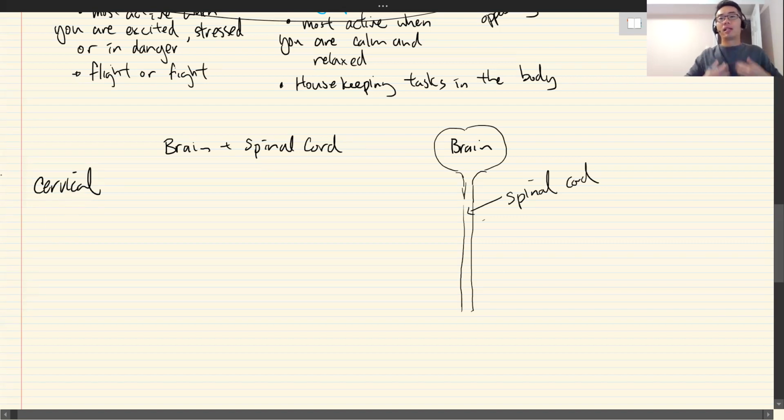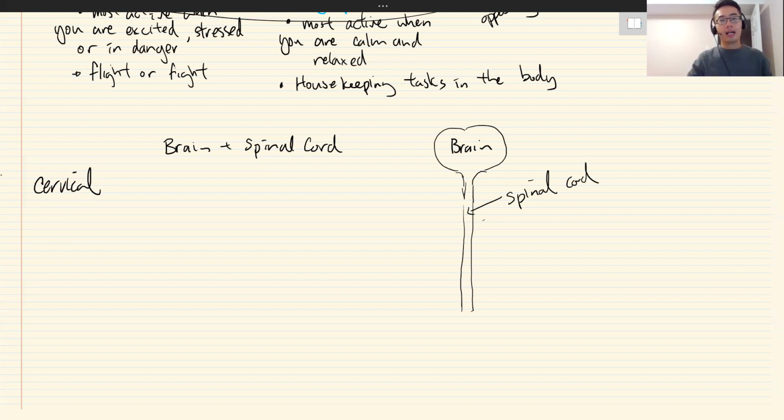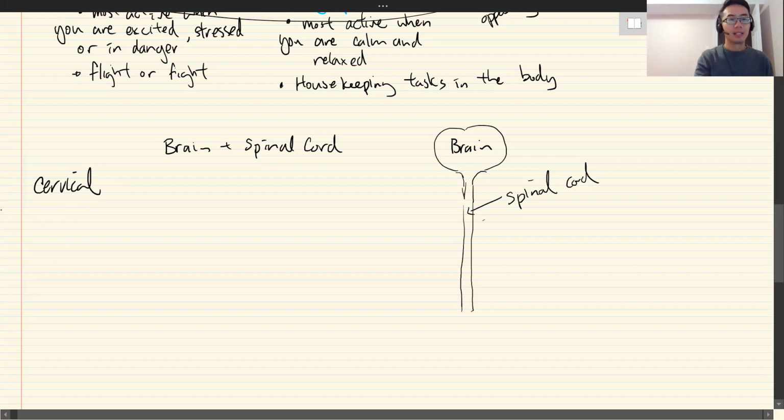And then you have ones that are in the chest area. What's another name for chest, anybody know? Thoracic nerves, yes, thoracic, exactly. So that's 1 to 12. And then you would have your lumbar, L1 to L5.